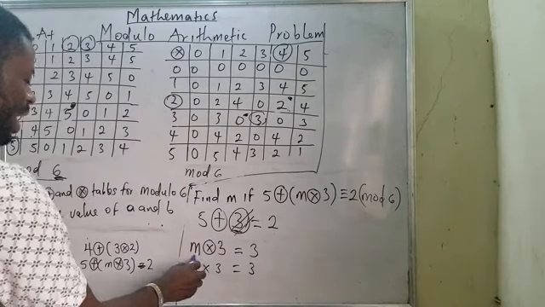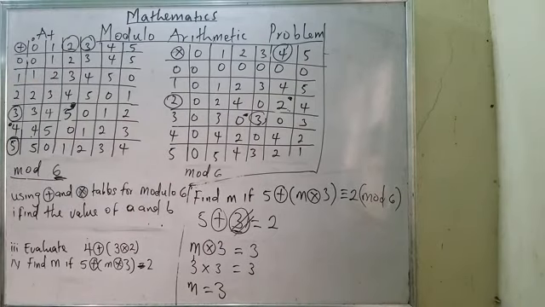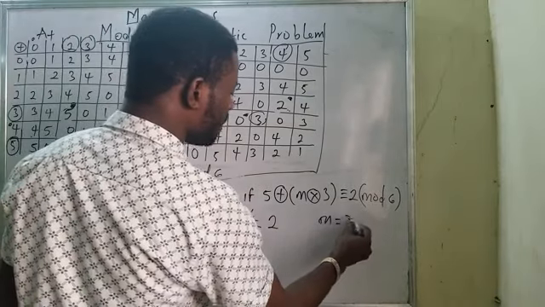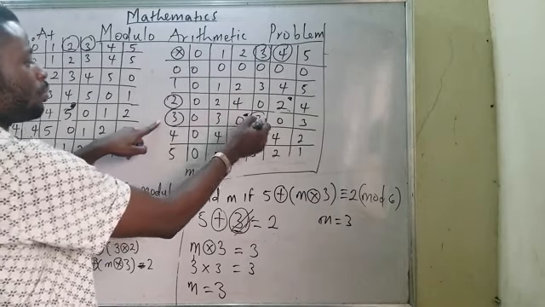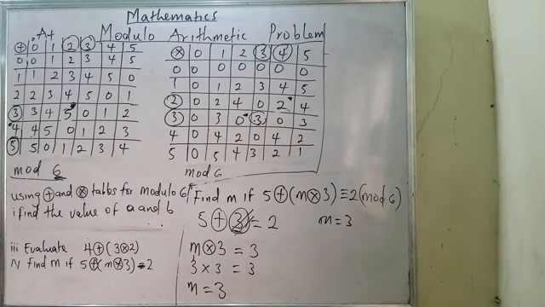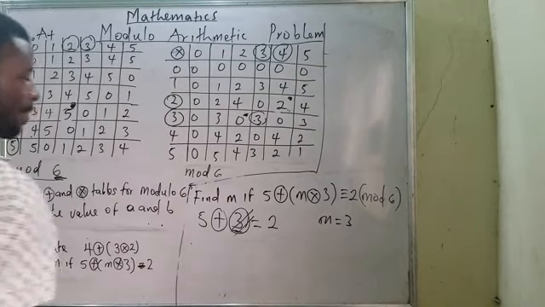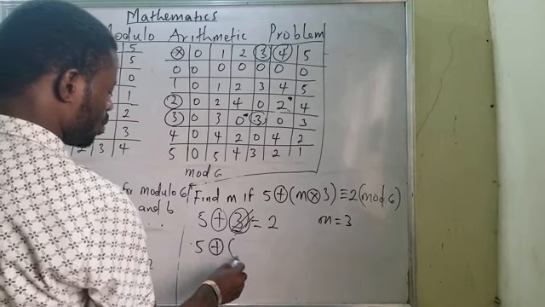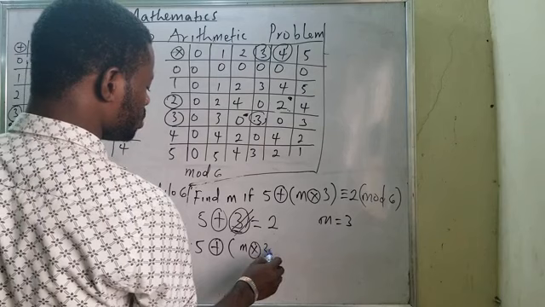Now, can you see that it means my m equals 3? My m equals 3. I will now come here. Since my m equals 3, 3 operate with 3 produces 3. Since I have that, I will now have my good answer by having 5 operation plus with the bracket of m operation multiplication 3.